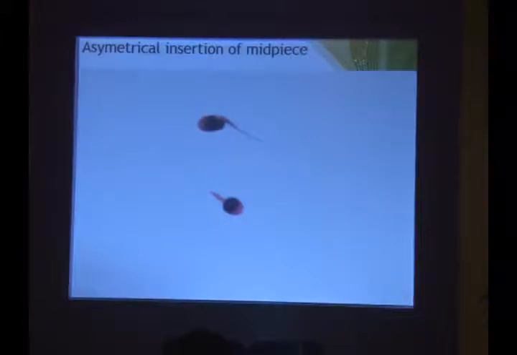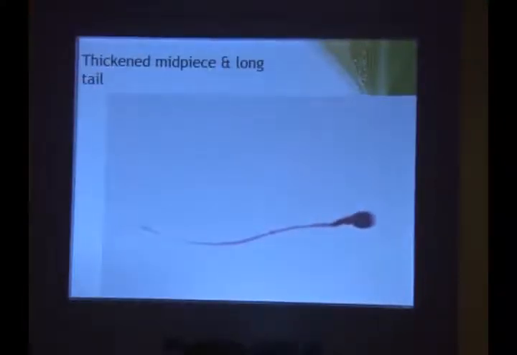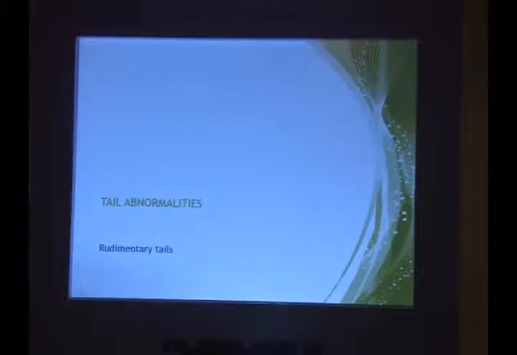See, asymmetrical insertion of the tail. So I am trying to show you all kinds of abnormality. This is not oval, so it becomes abnormal because this is a round sperm and not a perfectly oval sperm. Thickened midpiece and very elongated large tail.